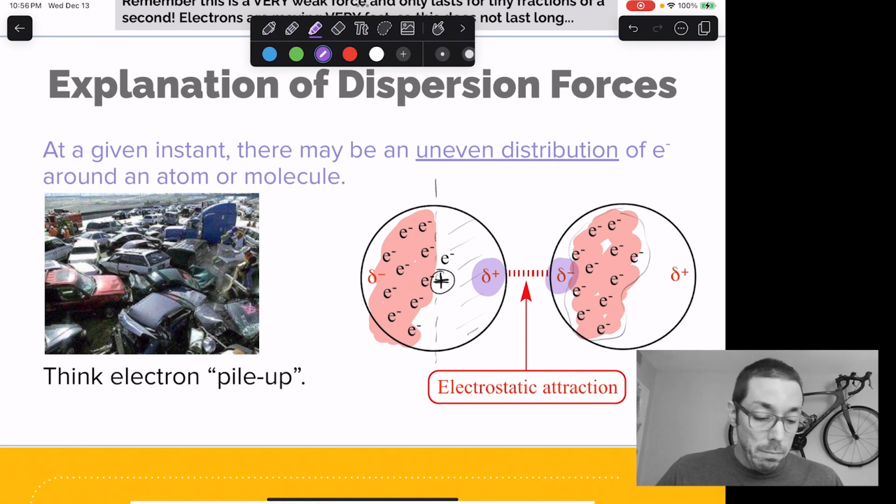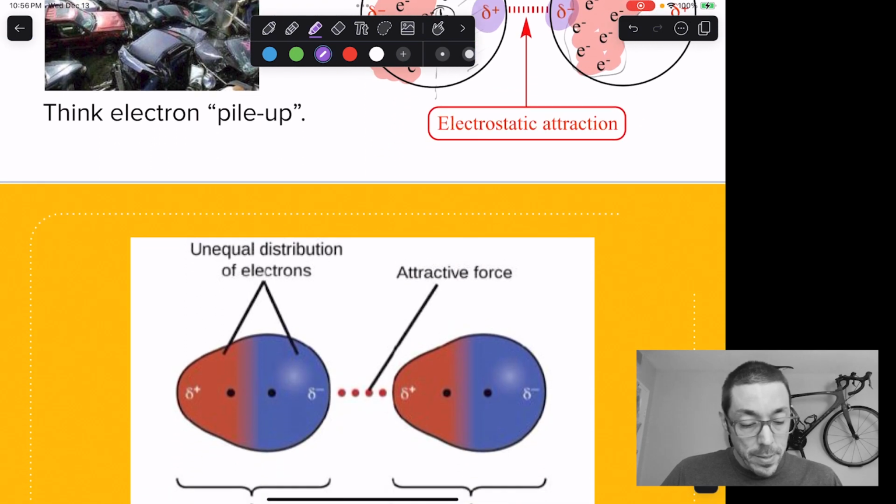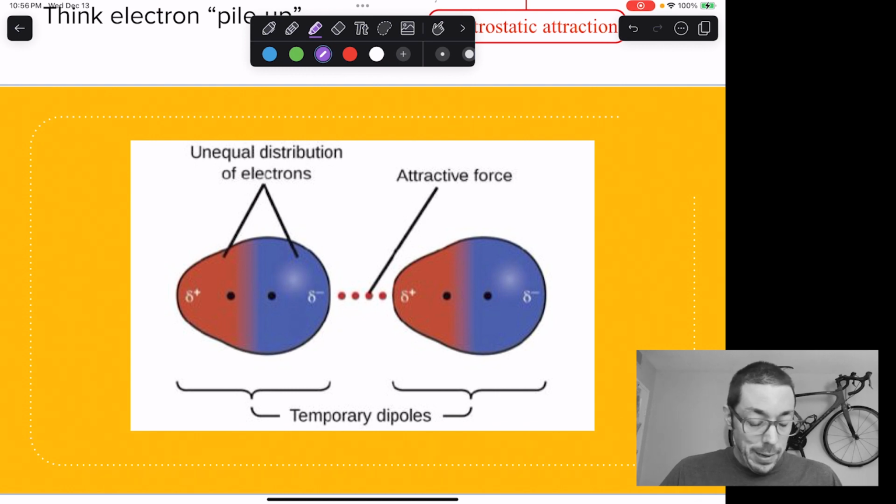But that's what a dispersion force is. And that's just another diagram showing the same thing. Instantaneously, one side is more negative, and then it causes an attractive force to the other, which is more positive.